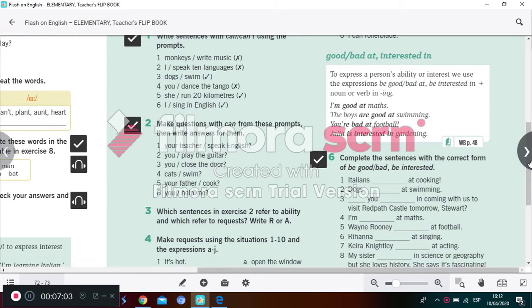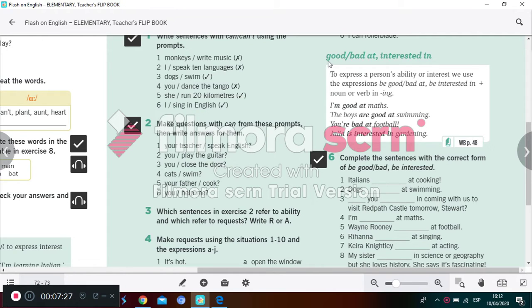Now, here in activity number 6, we also have a box review. This is a review. Good at, bad at, interested in.